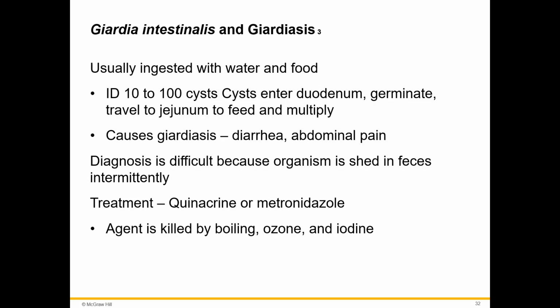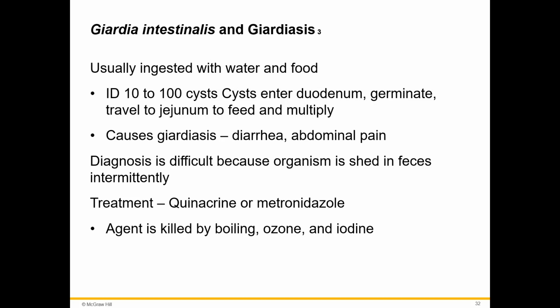Like we said, it causes giardiasis, and symptoms are really bad diarrhea and abdominal pain. No matter how much you drink, you're going to be very dehydrated because this diarrhea is completely dehydrating you. Diagnosis can be really difficult, because this organism is shed through feces.